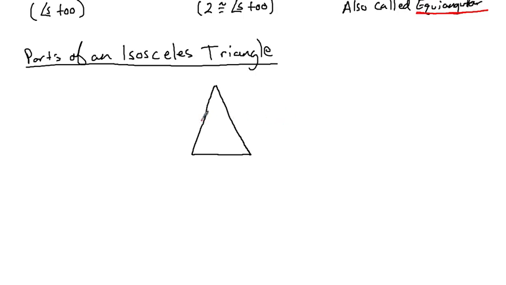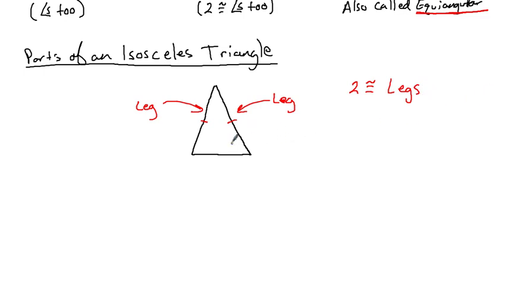So remember, it has two congruent sides, but they're not actually called sides, they're called legs. So this is a leg, and this is a leg. Okay, so we'd say that an isosceles triangle has two congruent legs.